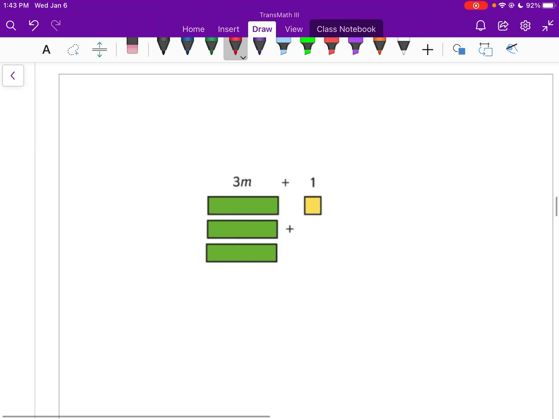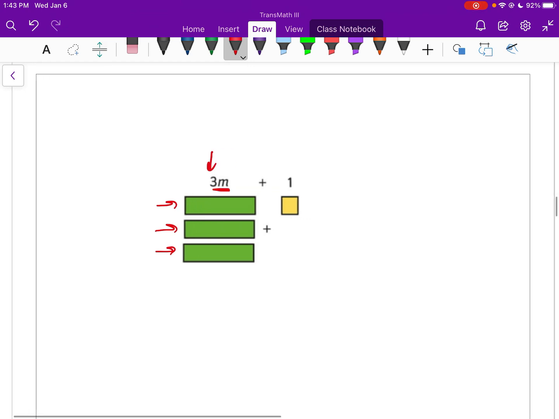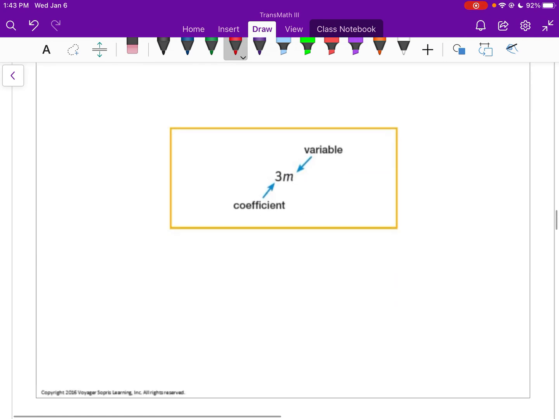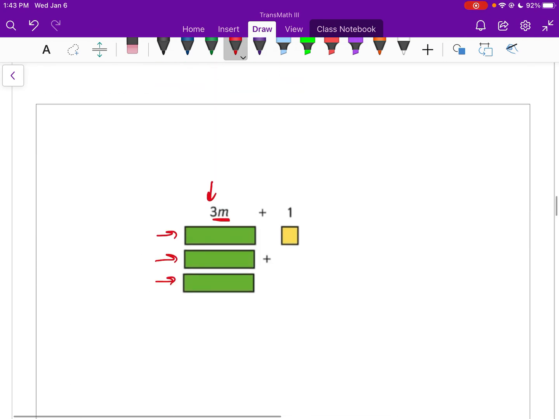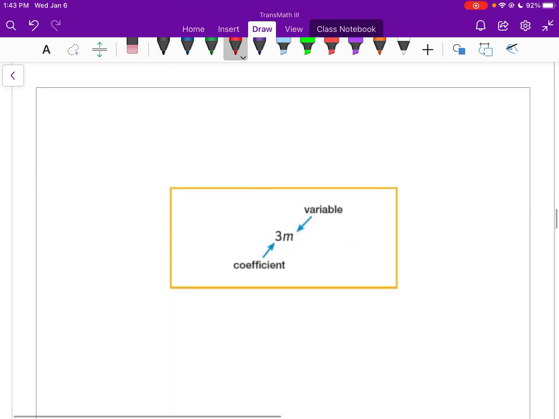So the way we're going to represent that with our algebra tiles, 3m: we use the green rectangles since they're positive, and we have 3 of them, plus that positive 1. Now, being able to write these out with your algebra tiles is going to help us simplify and get a better visual to simplify.